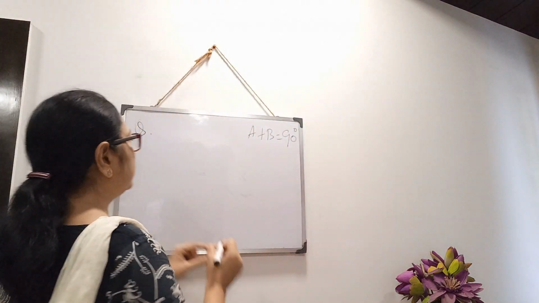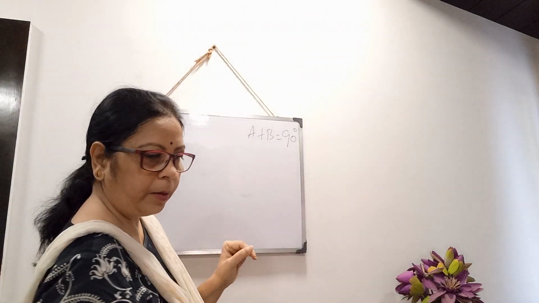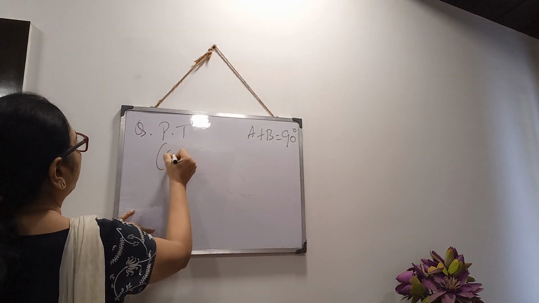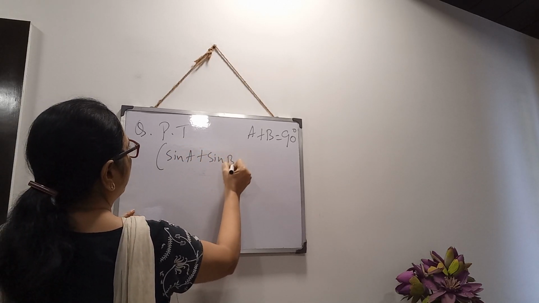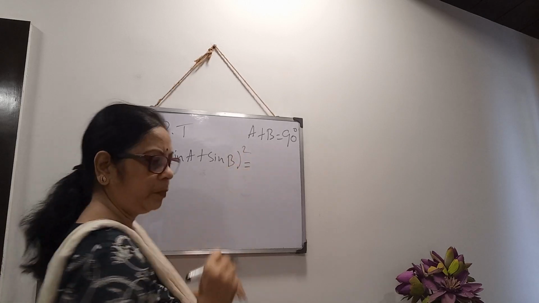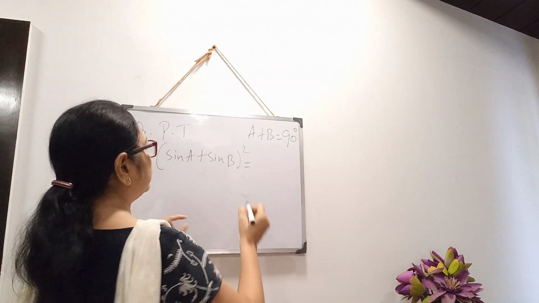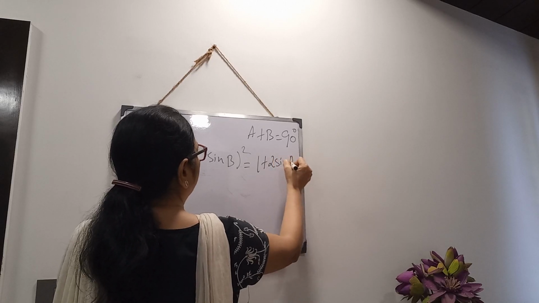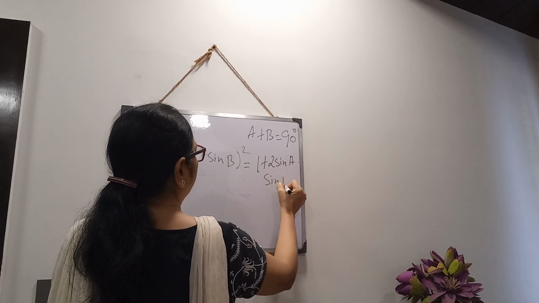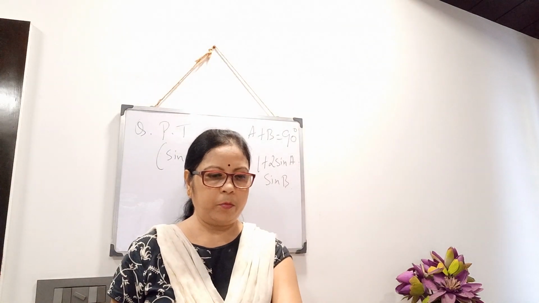Then prove that sin A plus sin B whole square equals 1 plus 2 sin A into sin B. Clear? It is given complementary and you have to prove this.